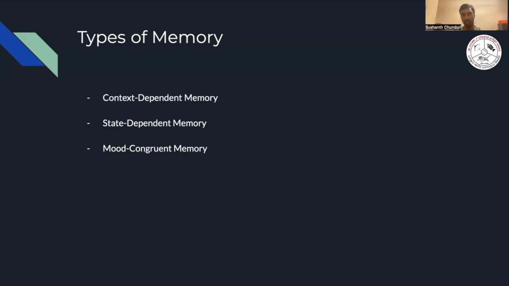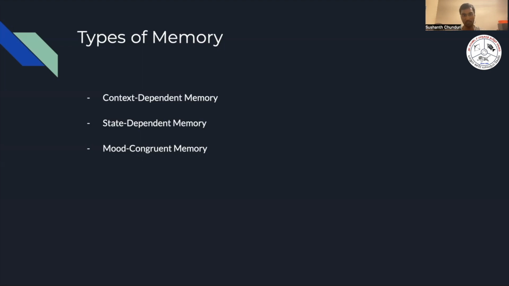State-dependent memory is kind of interesting. It's the state you're in. Let's say somebody has taken a type of drug, like alcohol, and they're in a state where they can't remember anything, like a blackout, but they do a specific task. After they become sober again, they forget that task.